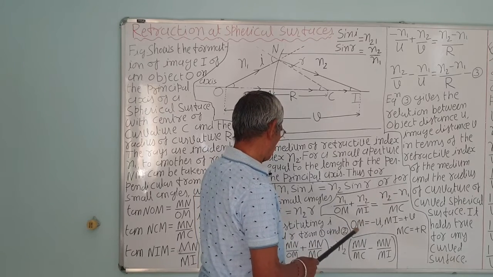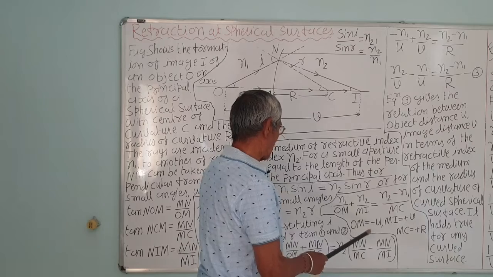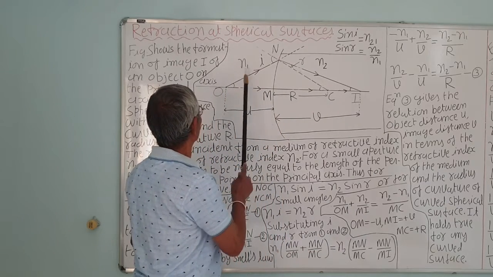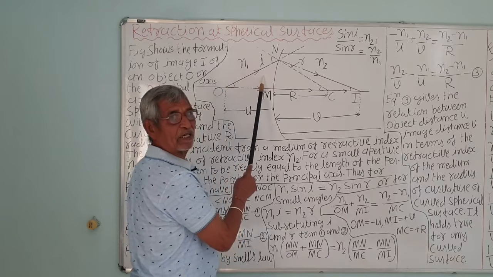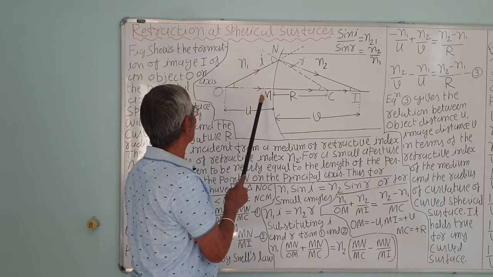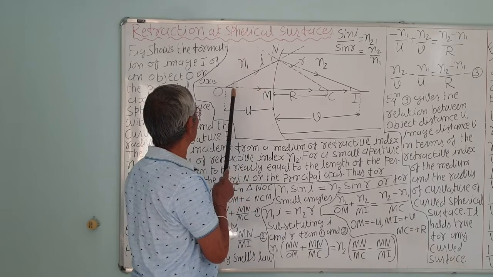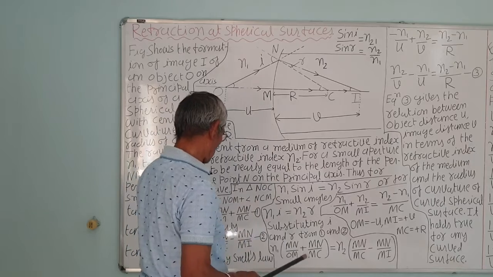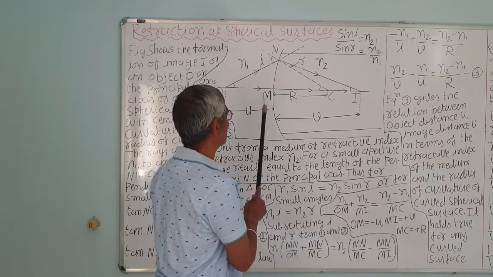Correct. Now OM is minus u. OM is the object distance, and this is the direction of the incident light ray, remember this very well, and all distances are measured from the pole as the origin. So distance is measured like this, so OM is minus, correct. So minus u, and this is the object distance u.